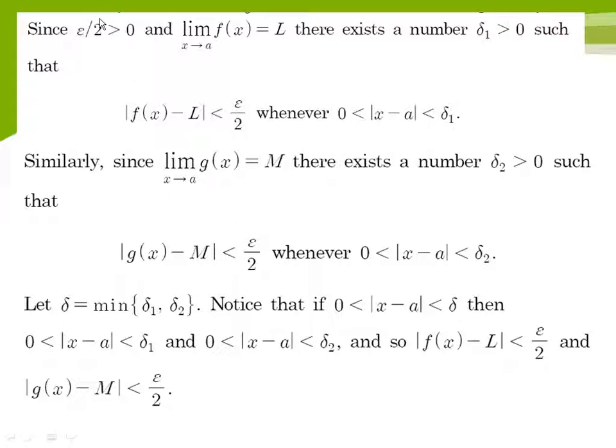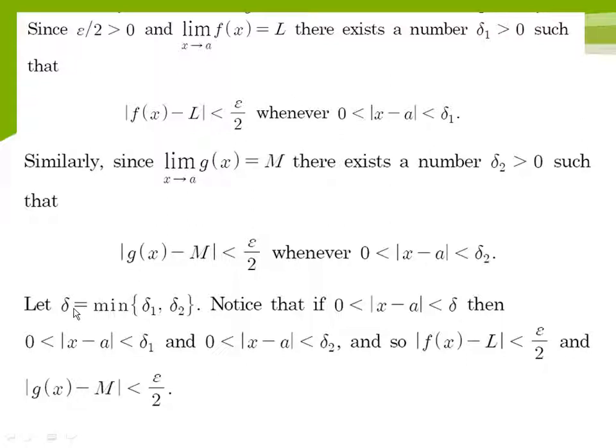For this small value, we can find delta 1. Similarly, since the limit of g of x does exist, for an arbitrarily small number there exists a number delta 2, such that if x minus a is between 0 and delta 2, then the absolute value of g of x minus M is less than epsilon over 2.